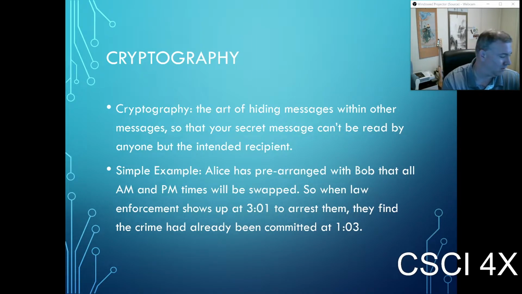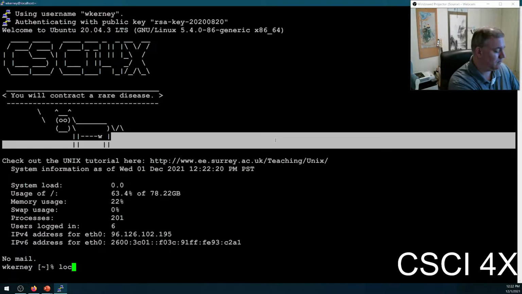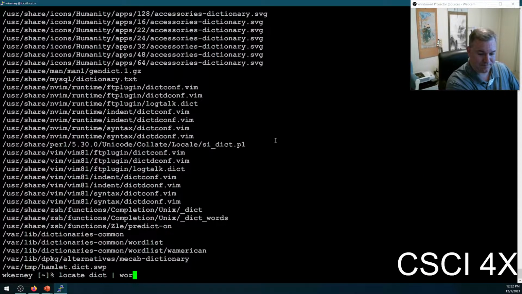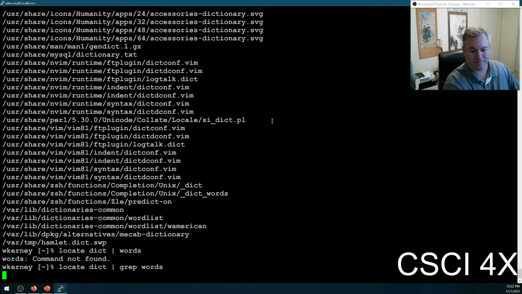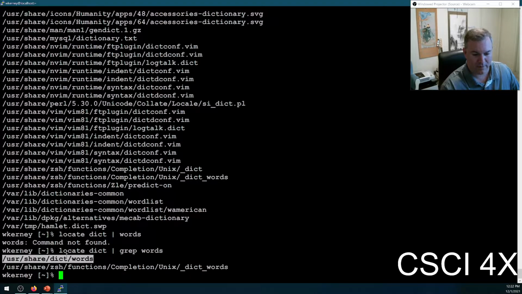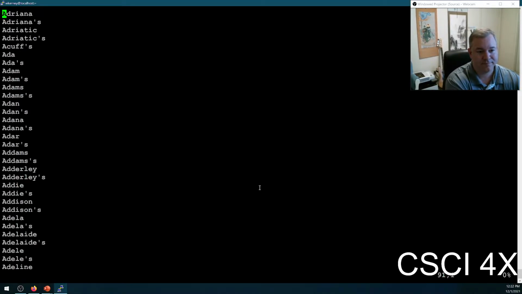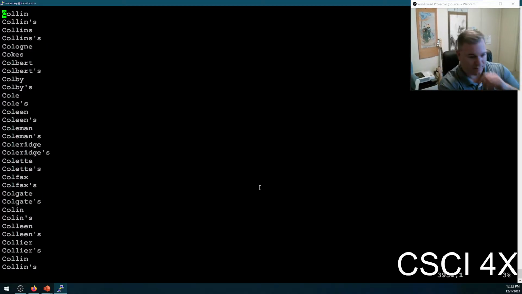There is on Unix systems a dictionary you can use. So /usr/share/dict/words. There are different dictionaries you can install.